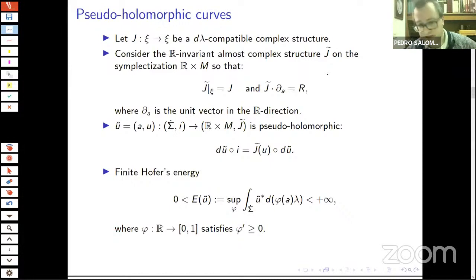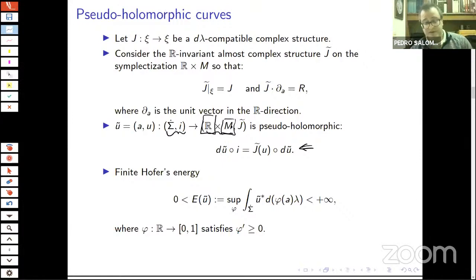So the method to study the existence of this transverse foliation is solving a PDE. Okay? So there is this PDE, which we call a pseudoholomorphic curve. This is just this mapping here from a surface to, instead of mapping to the three-manifold M, we map to the symplectization of this three-manifold.